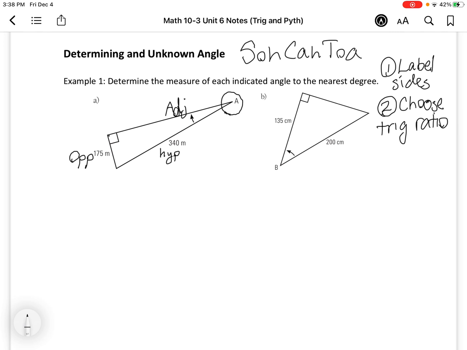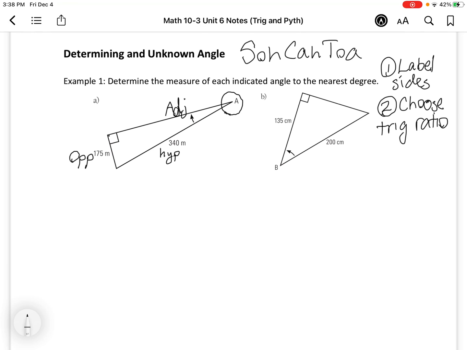Now when we're trying to find an angle, the angle is going to be the unknown, because that's what we're trying to figure out. What that means is that we've got to know the 2 sides. So if you look at this particular example first, the 2 sides that we know are the opposite side and the hypotenuse. So I'm going to look at my SOHCAHTOA and say, which of these 3 trig ratios uses opposite and hypotenuse?